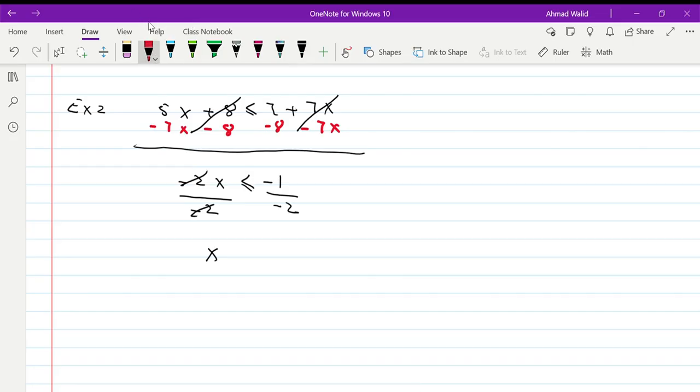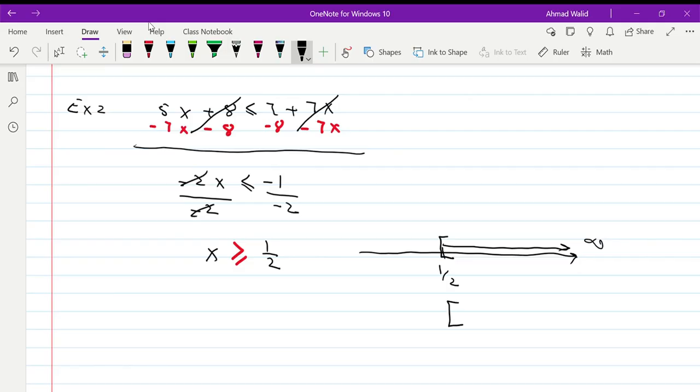You had less than or equal, it becomes greater than or equal to negative 1 over negative 2, which gives you 1/2. Final answer, number line, here is 1/2, greater than or equal to 1/2, bracket, moving to the right to where? To infinity. Write your answer in interval notation, bracket, 1/2, comma, infinity. Correct?